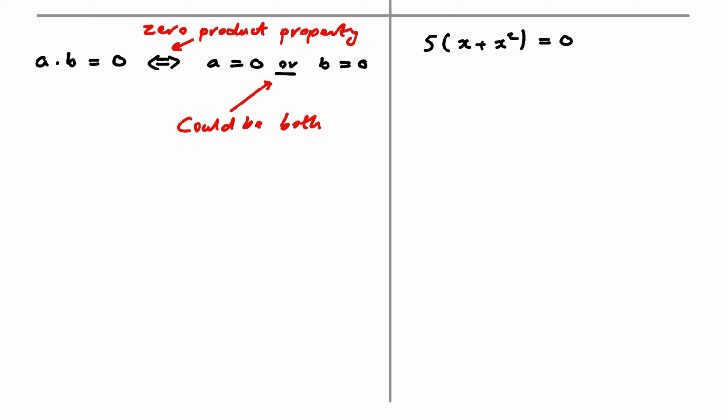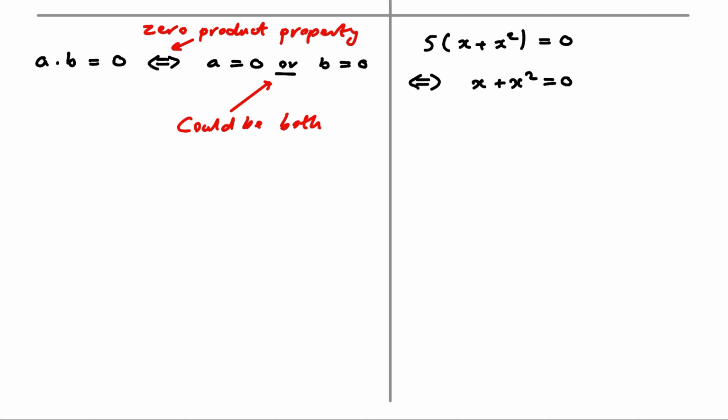Now, 5 is non-zero, so that forces, by the Zero Product property, so I'll write it in exactly the same way, it forces x plus x squared to be equal to 0. You could also see this, I suppose, by dividing both sides by 5, and 0 divided by 5 is 0, but let's do it with the Zero Product property.